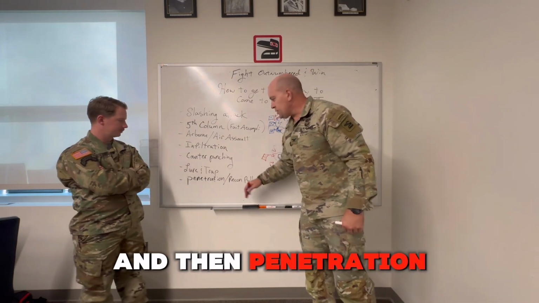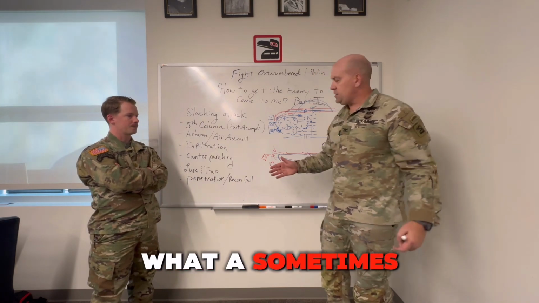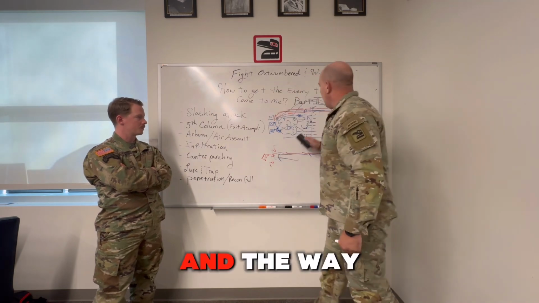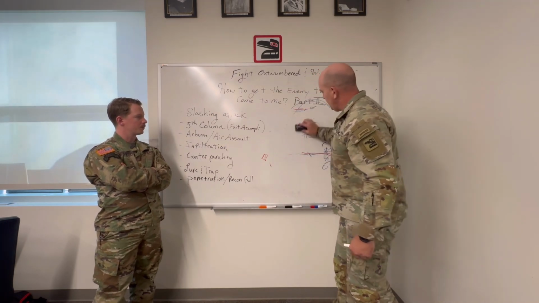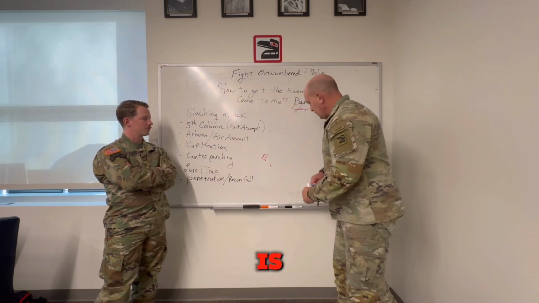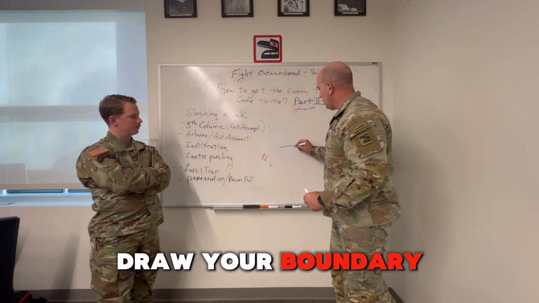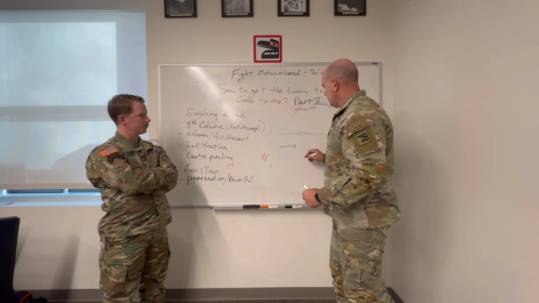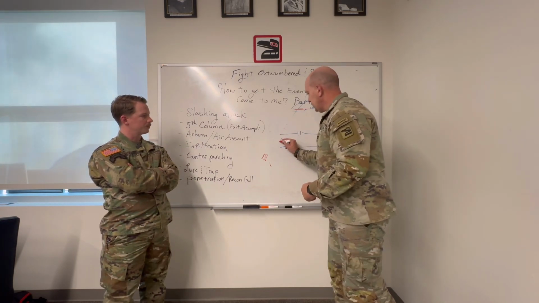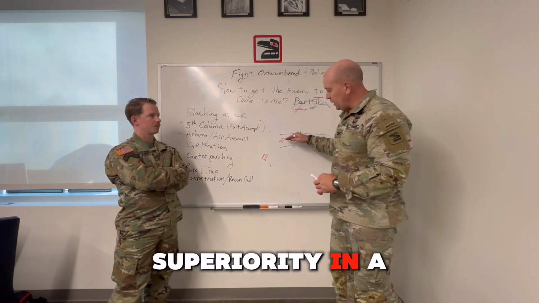And then penetration and reconnaissance pull, meaning that sometimes, like in my previous example, you'd actually have to penetrate. And the way you set up a penetration is you have to draw your boundary really narrow and force, if this is your enemy here, you have to gain local superiority in a small area.